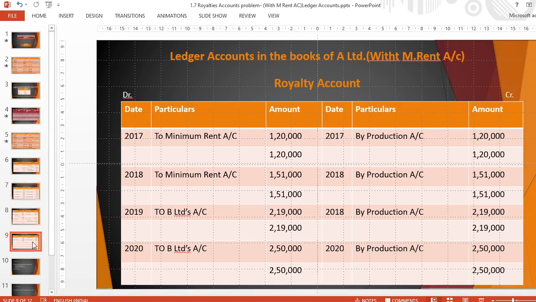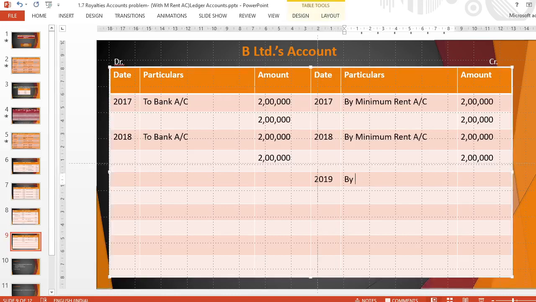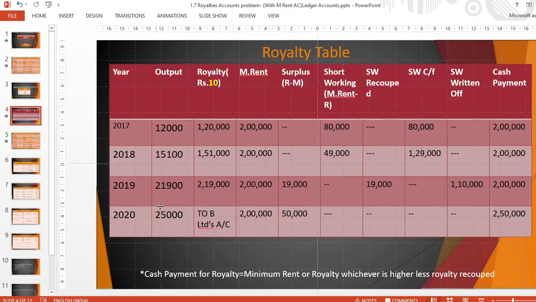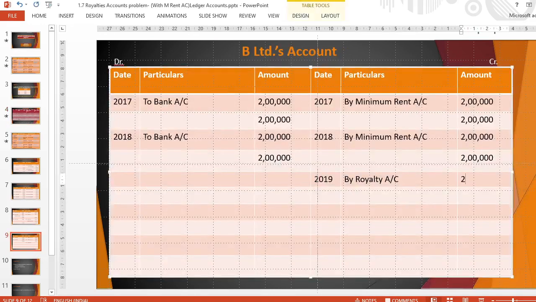So the corresponding entry in the lessor's account is by royalty account, and here we need to pass the royalty amount. In the year 2019, the royalty amount is 2 lakh 19,000.